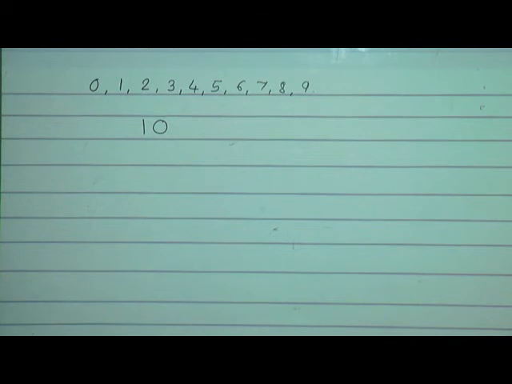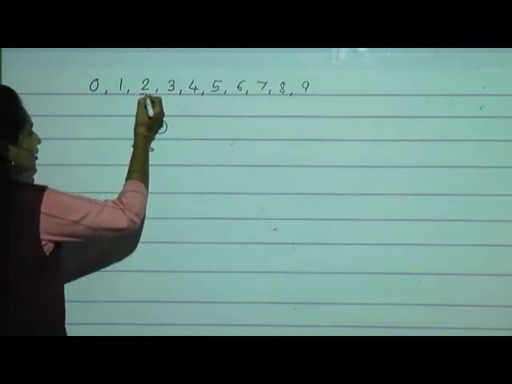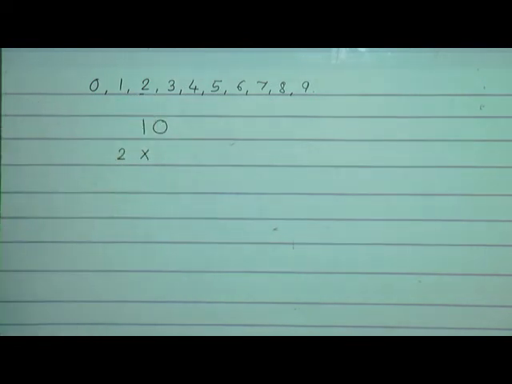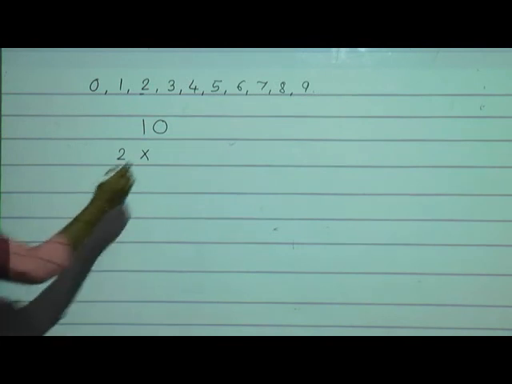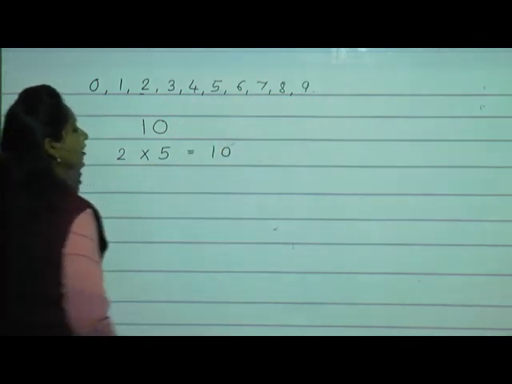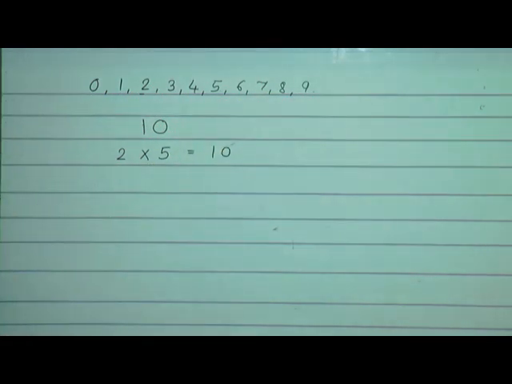Then what happened? Suddenly 2 came down and said that I multiplied with 5 to form the 10. Isn't it? Can you see here? See what happened?